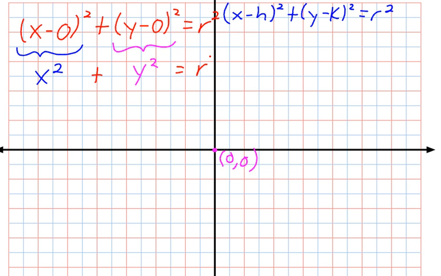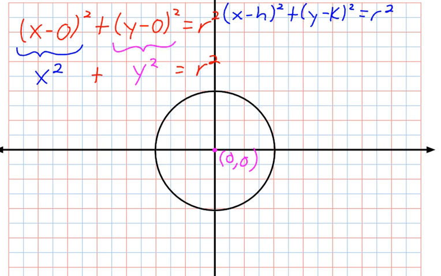So my radius is still just a number, radius squared. So any circle that has a center point at the origin is going to look like x squared plus y squared equals the radius squared, so whatever your radius is.